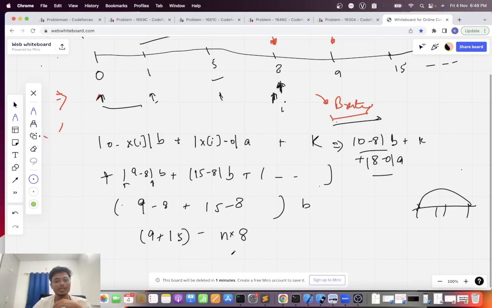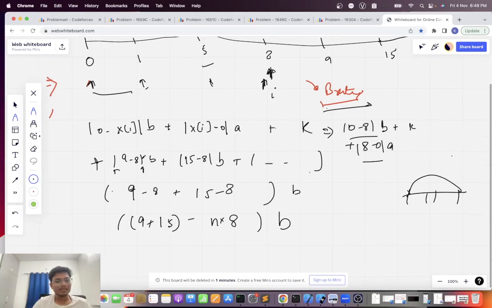This is the current value. If I generalize this in terms of i, it will be the sum of all elements, that is a prefix sum from n minus 1 to this position, minus the number of elements, that will be n minus i minus 1, and that will be the current value, of x of i into b.